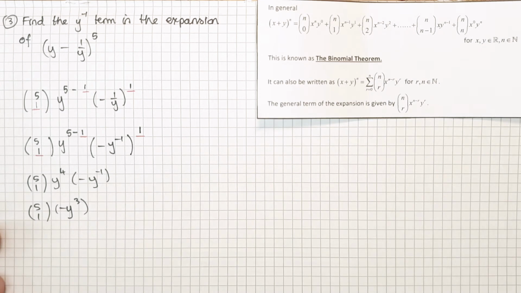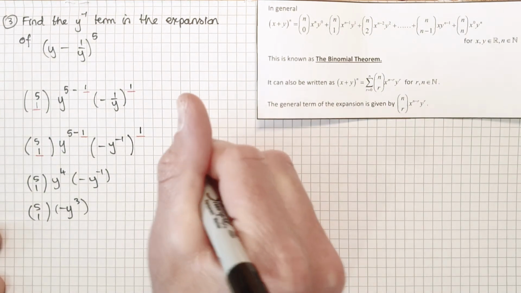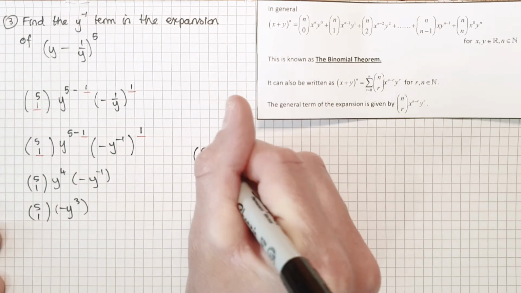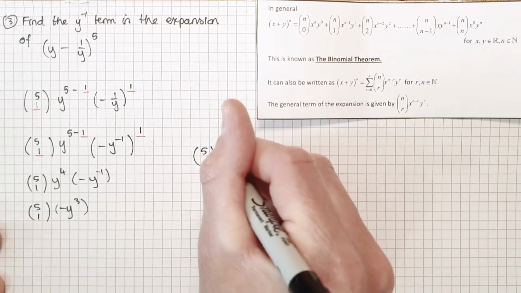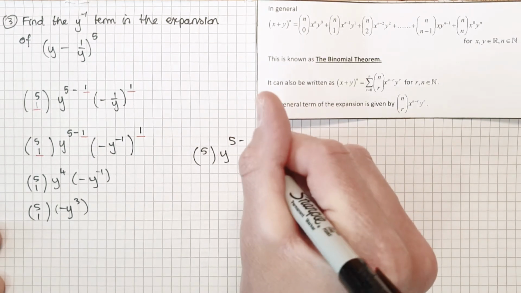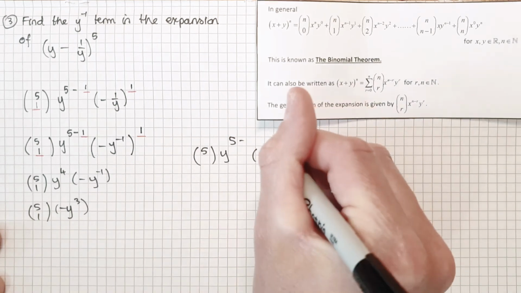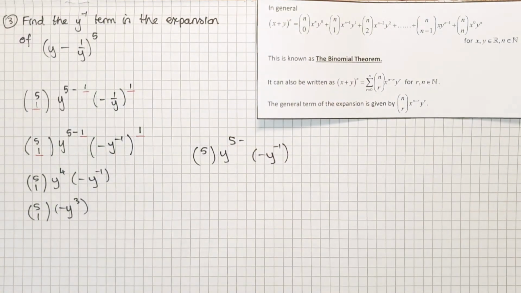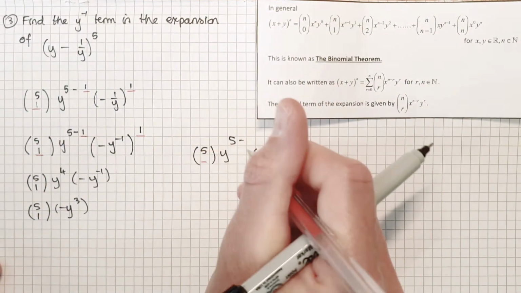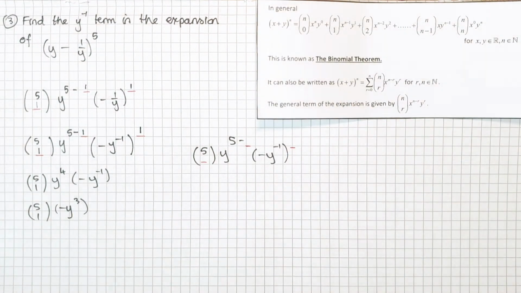Now you could do it through a bit of trial and error, but hopefully you'll be able to spot it. Let's just leave that number blank just now: y to the power of 5 minus something again, and then it's negative y. Rather than writing it as 1 over y, I'll just write it like this, negative y to the power of negative 1, to the power of something. So this number and this number, as you know, all have to be the same.